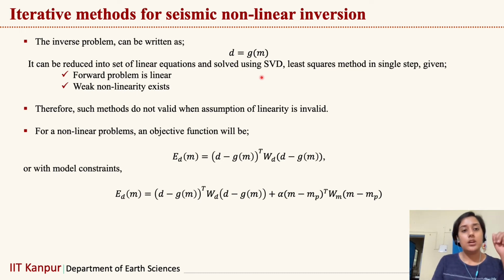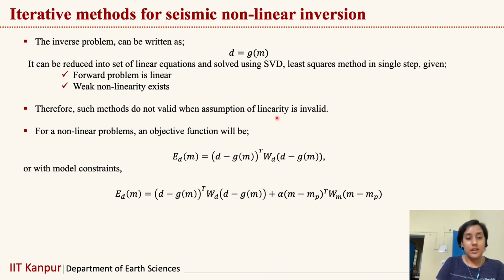The problem exists when this can be applied only when the forward problem is linear and weak non-linearity holds. But what if linearity doesn't hold, like when we have data where the reflection coefficient has a very high reflection angle? There the assumption of linearity doesn't hold.